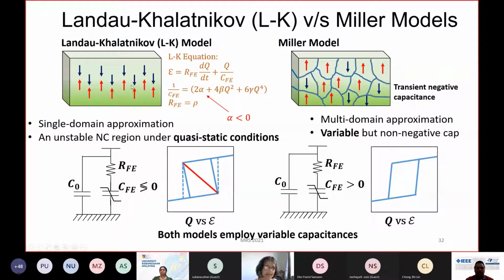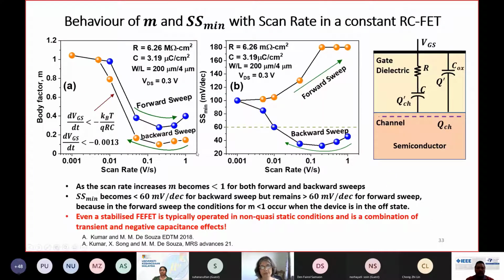It's not really that a ferroelectric has no resistivity, or that there is no scan rate associated with these measurements at all. So based on your scan rate, you can see that in the backward sweep, you can get a sub 60 millivolts per decade in your transistor, even if you don't have any ferroelectric. But in the forward sweep, typically the subthreshold slope gets degraded.